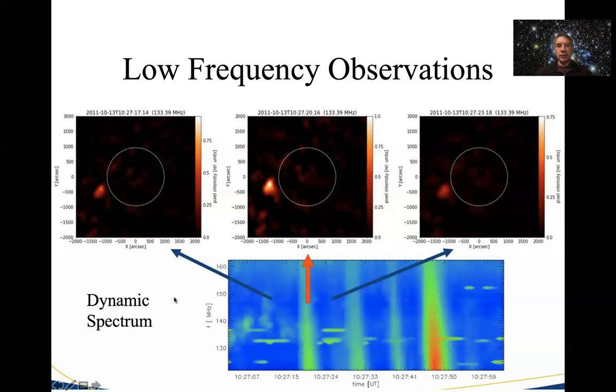In this field, you will usually see these kinds of plots, which are referred to as dynamic spectra. You saw something similar in the way we look at pulsar data as well. So you plot frequency of emission on the y-axis and time on the x-axis.